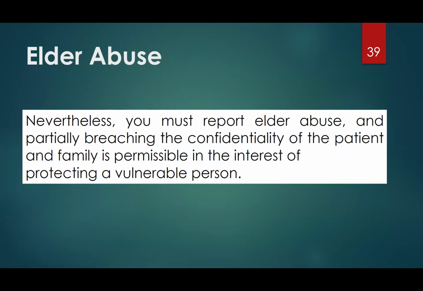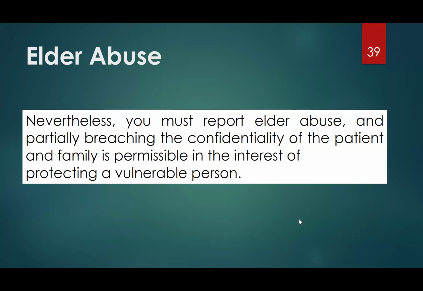You must report elderly abuse, partially breaching the confidentiality of the patient. Here you are doing something against the will of the patient. Why? Because you are protecting a vulnerable person. So in the case of a child and an elderly person, you can directly report the abuse despite their consent or approval.